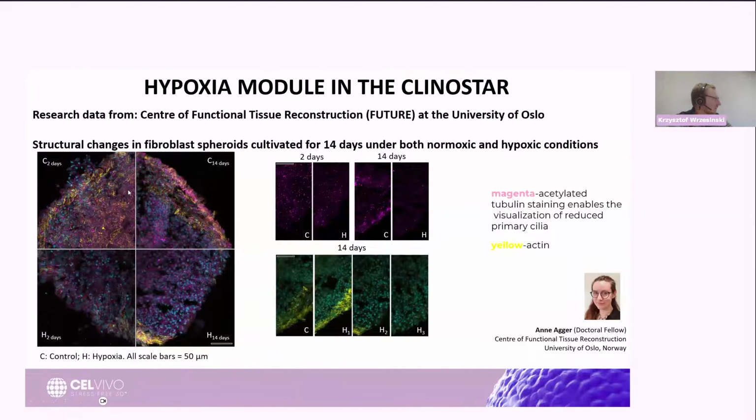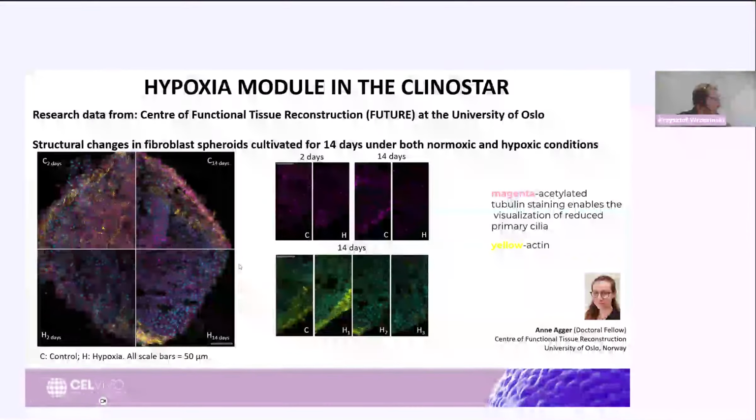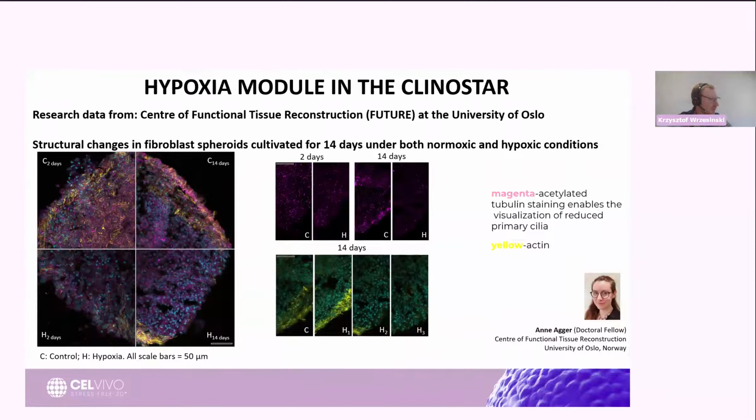It's not very difficult to see differences between the acetylated tubulin and actin structures in those constructs. So it's a very nice study, and Anne will prepare this for publication very soon.